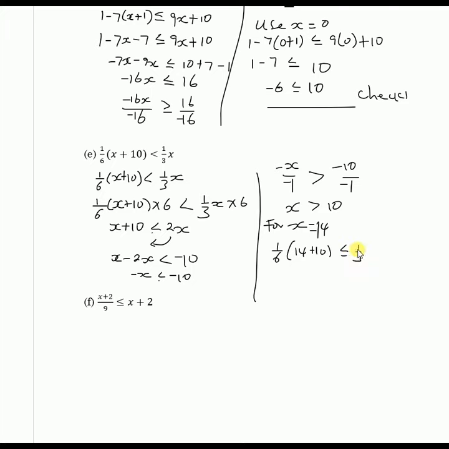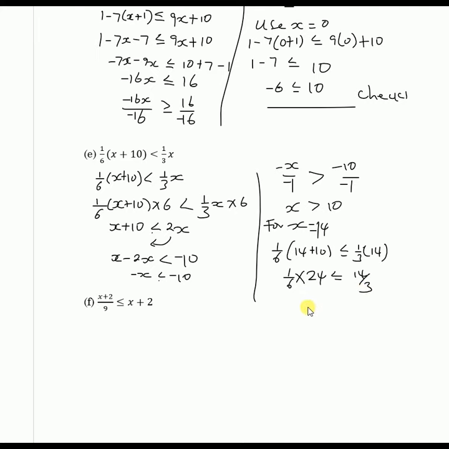That is no longer x, but we are saying it is 14. 14 plus 10 is 24. I have 1 over 6 times 24 is less than or equal to 14 over 3.